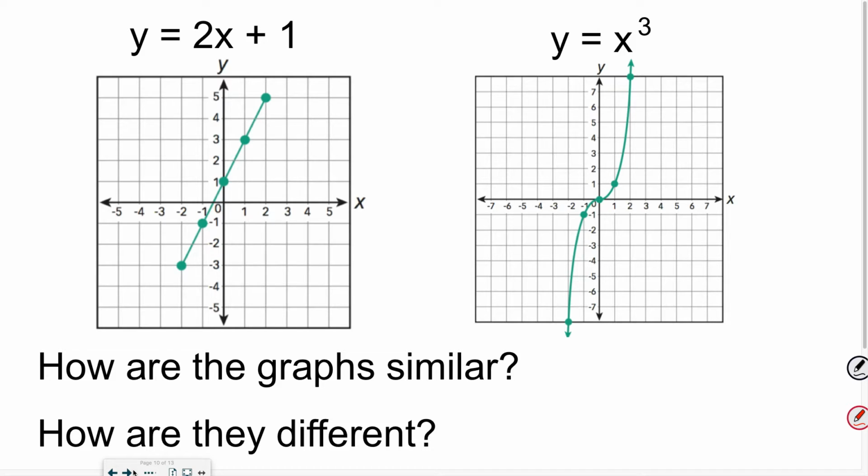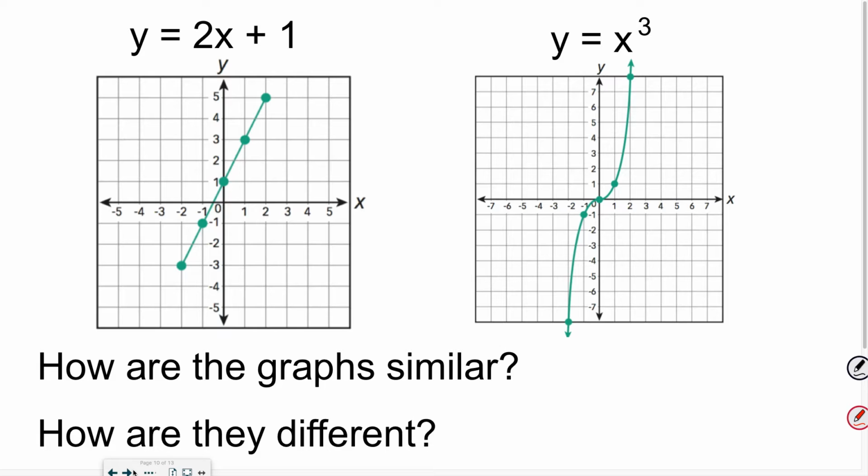That's a good similarity. What else is similar? Yeah, they increase and they decrease, both of them, depending on how you're looking at it. There's more differences than similarities here. So what are some differences?